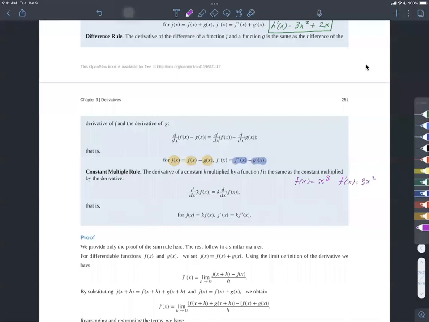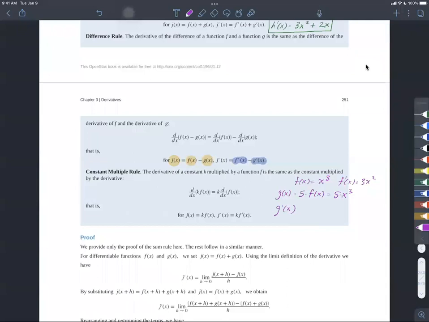But what if we created a new function, and let's call this function g of x. And g of x is going to be a constant, I'll call it 5, times f of x, which is 5x cubed, right? Because f of x is x cubed. Now, how do we find g prime of x? How do we find the derivative of g, which is a constant multiple of f?